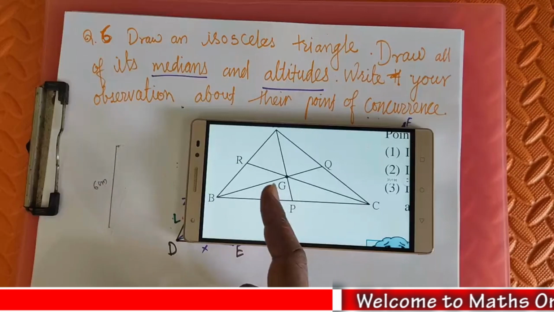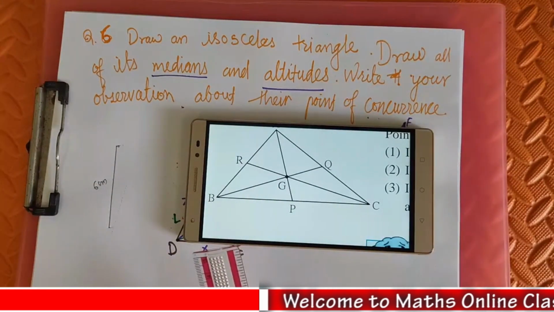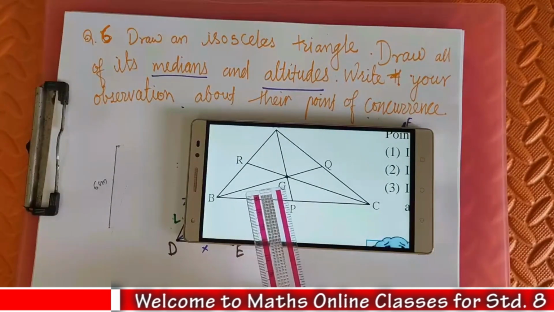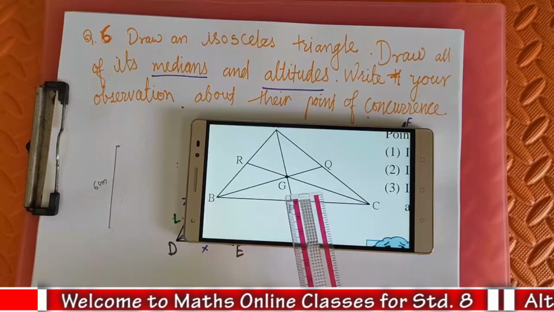GC you have to multiply with 2, 5 centimeter. So length of GC is 5 centimeter.